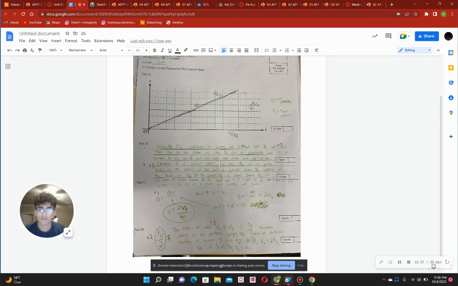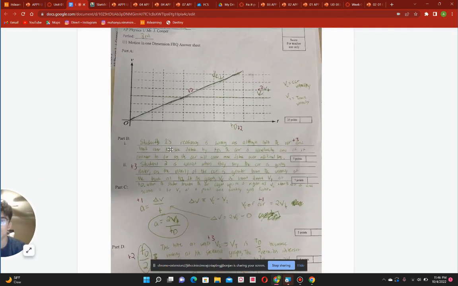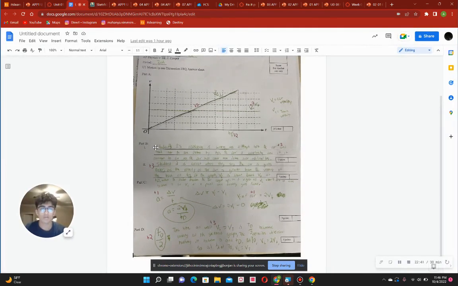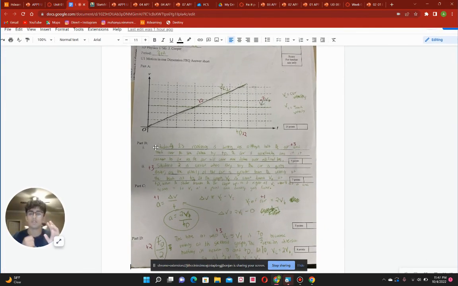So over here, the first points that I missed was part B, the first part. I got 3 points, but there were 3 other points I could have gotten. I had to say something that was displayed on the graph, and I didn't.